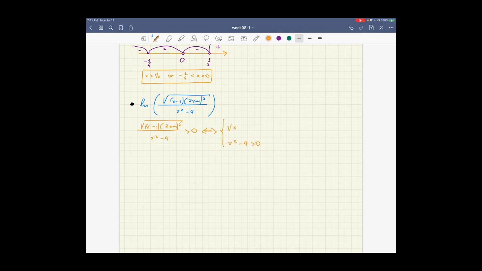Right, that the square root exists and be non-zero. Well, the square root exists and is non-zero if and only if the expression under the square root is strictly positive.